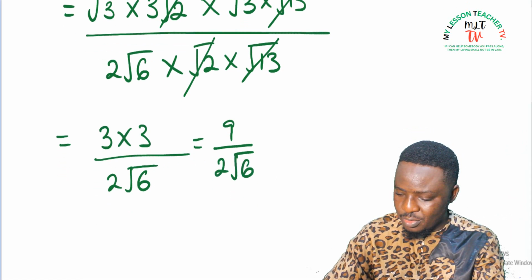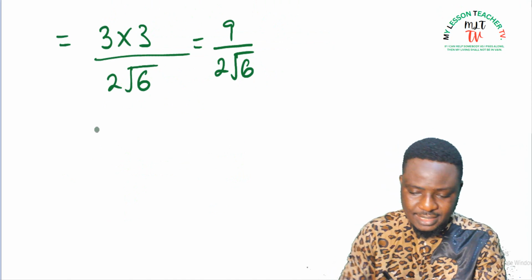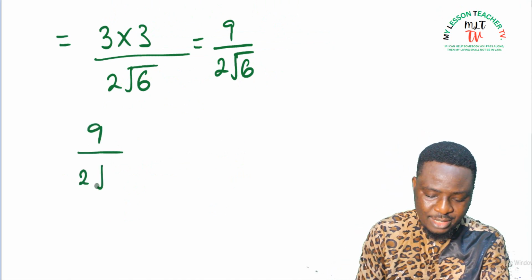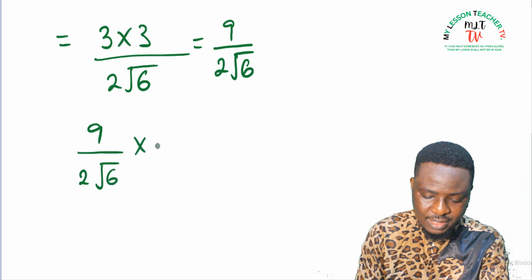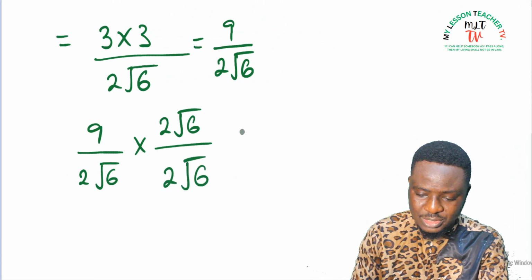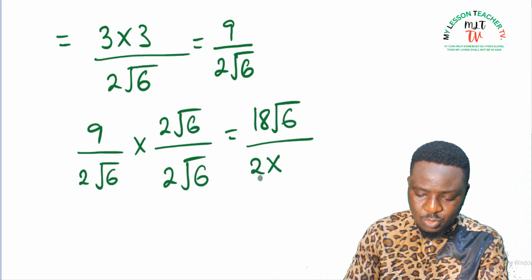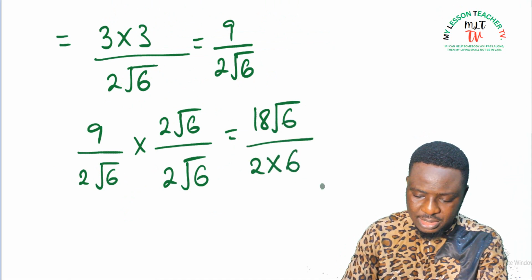Yes. So I can then rationalize this. 9 divided by 2 root 6 times 2 root 6 divided by 2 root 6. And this is equal to 18 root 6 divided by 2 times 6.